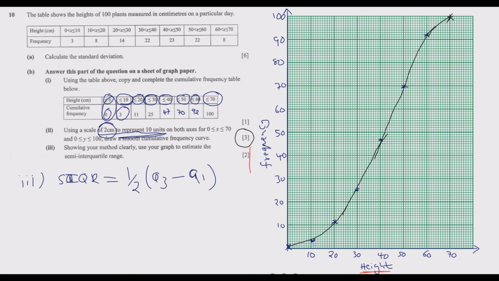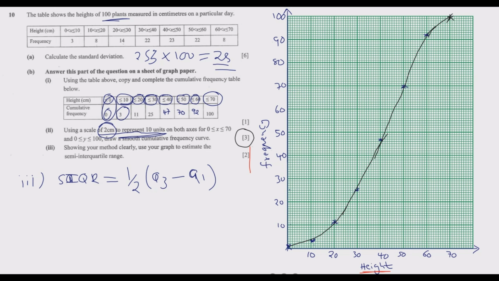Since there are 100 plants, each plant represents 1 percentile. So 1 percentile is the same as 1%, except that they are standardized. So you're going to look for 25% multiplied by 100, you are going to get 25. So you are going to look for where the number of plants is 25, which is halfway between 20 and 30.